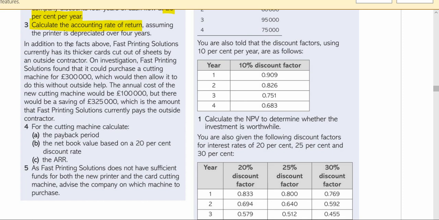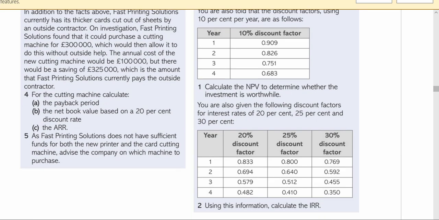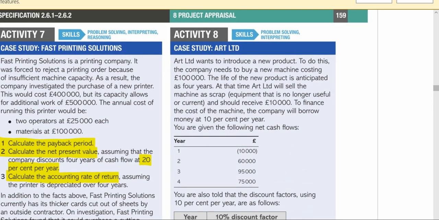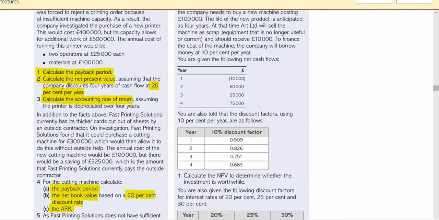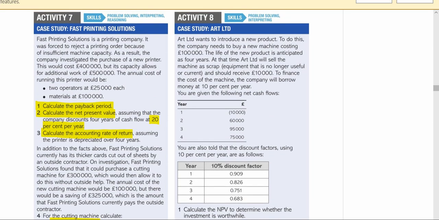Then, in addition to the facts above, you have to calculate the payback period, net book value at the 20% discount rate, then again ARR. Can you solve this case study as homework, or may I solve this now? Okay, so you don't know how to do this.